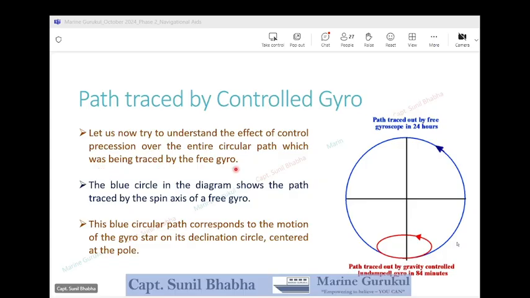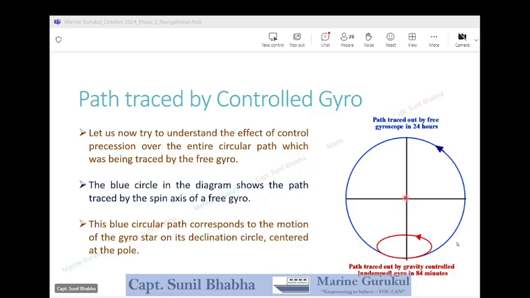We know that the free gyro's spin axis was following the motion of the gyro star, moving in a circular fashion. You can see this blue color circle in the diagram. This represents the path traced out by the spin axis of a free gyro.